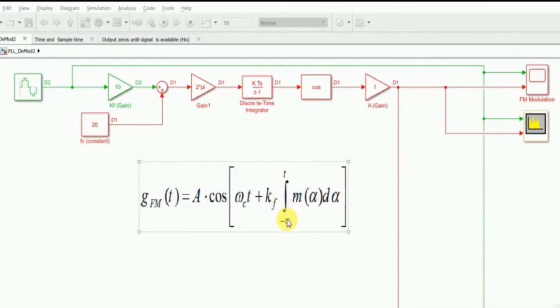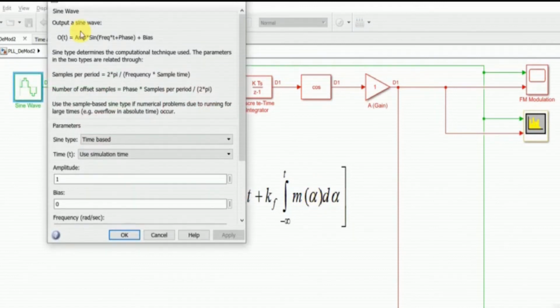So it's integrating from minus infinity to t, and then our argument of the cos function is closing. So this whole expression is basically implemented over here in the Simulink. Starting with the message signal, I have considered a simple sinusoid. This is a sine function.